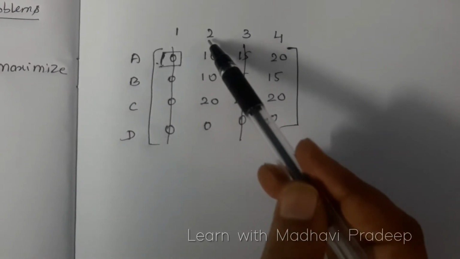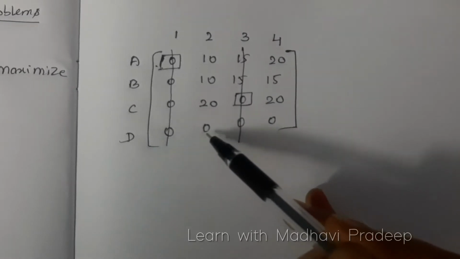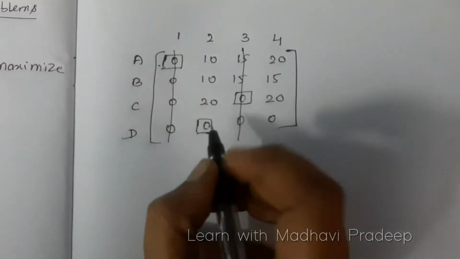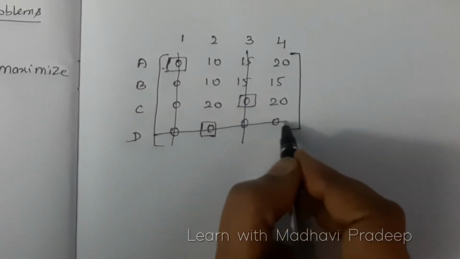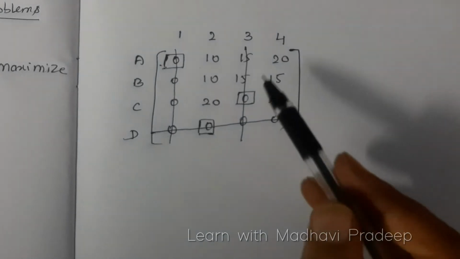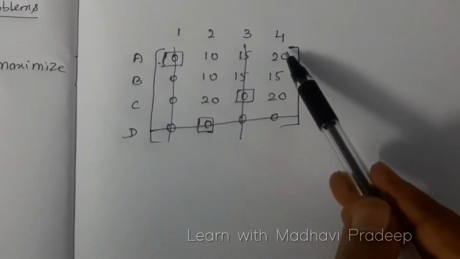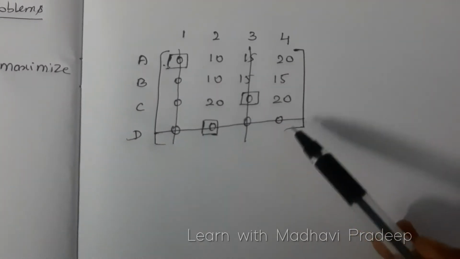The second column, check whether you have exactly 1 zero. Yes, I have exactly 1 zero. So allocate this 0 and draw a horizontal line across the row. Now third column: third column is already cancelled. Fourth column, check in fourth column whether you have exactly 1 zero. No, there is no 0 at all in the fourth column.